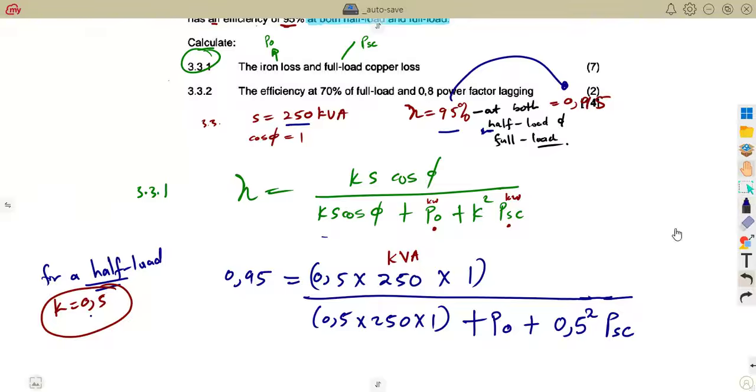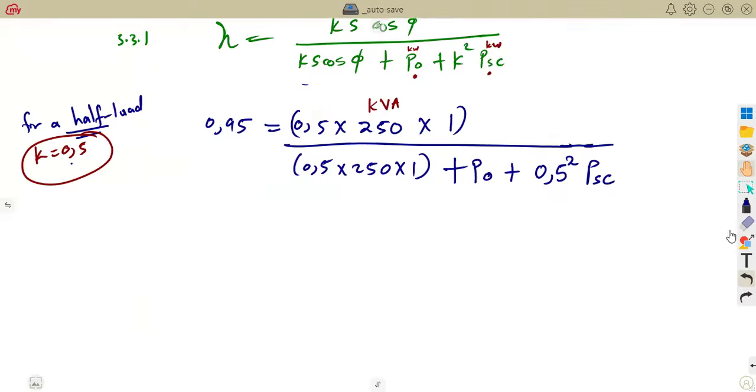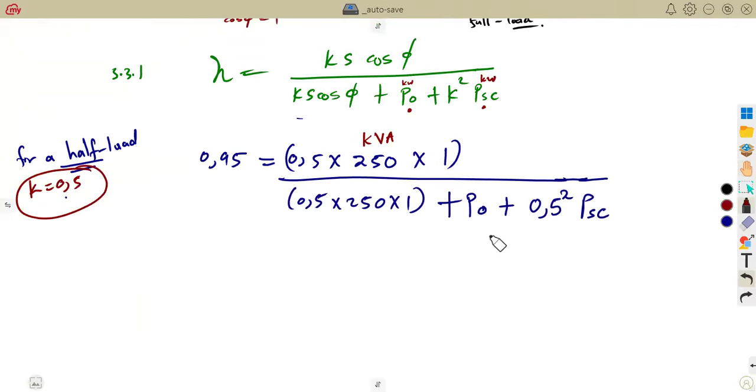So that's an equation that we have formed. On this equation, we have got two unknown values in one equation, so we are definitely going to have two equations so that we solve them simultaneously.